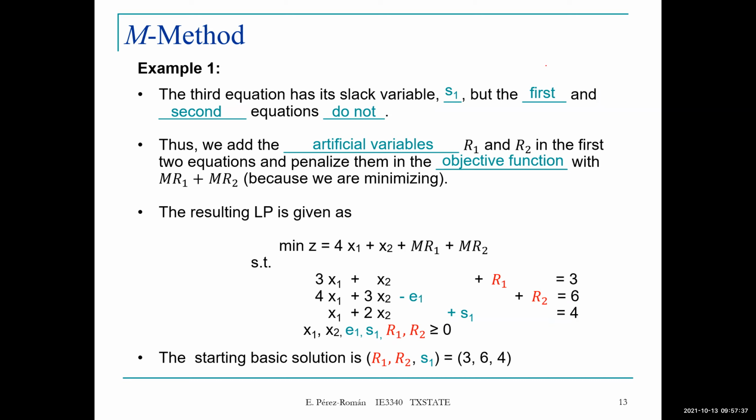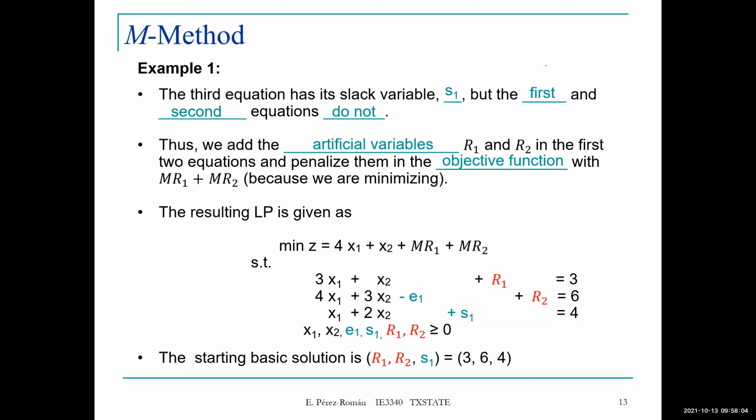For the second constraint, you can observe that we already have an excess variable. We keep that, and we are adding an artificial variable to it. So the excess variable will still be there. And for the third constraint, we don't need to add an artificial variable because we have the slack. So this is going to be the new formulation.